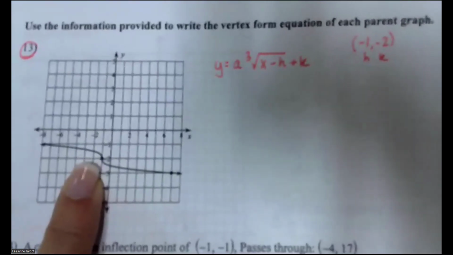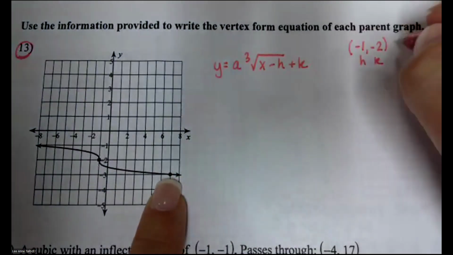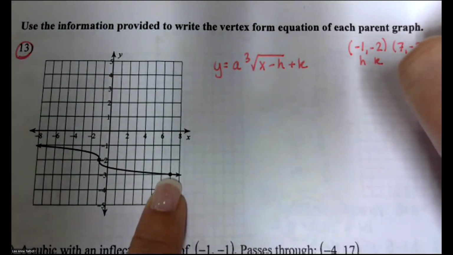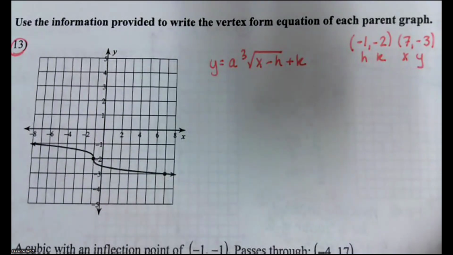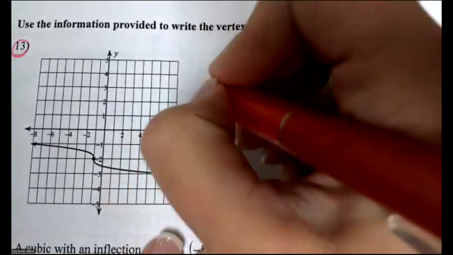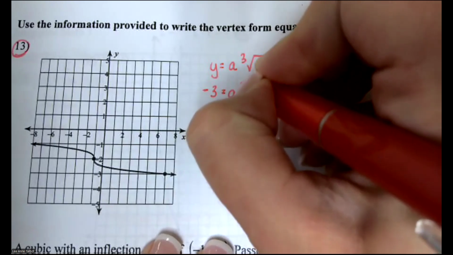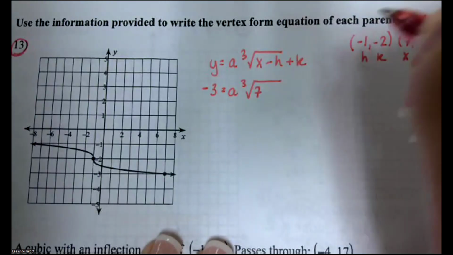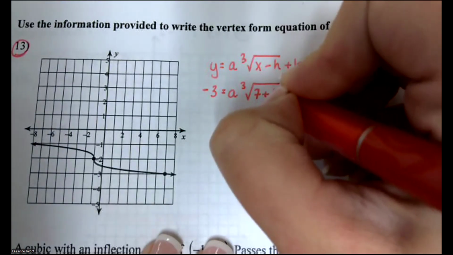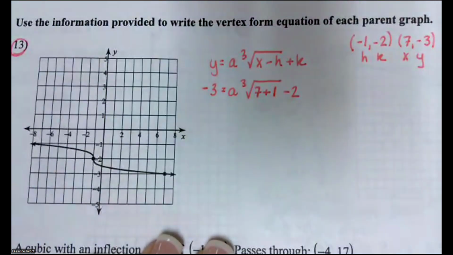And then it gave us 7, -3. Okay, great. Okay, so I have -3 equals a cube root 7 plus 1 minus 2.